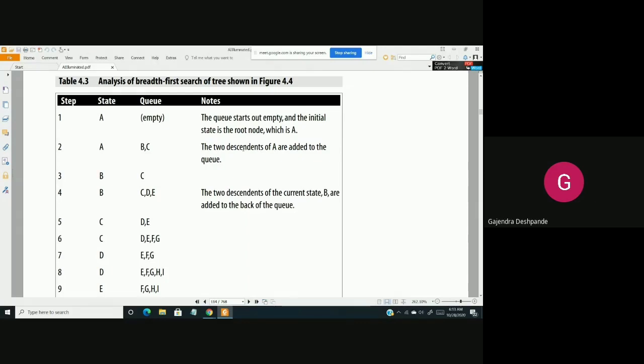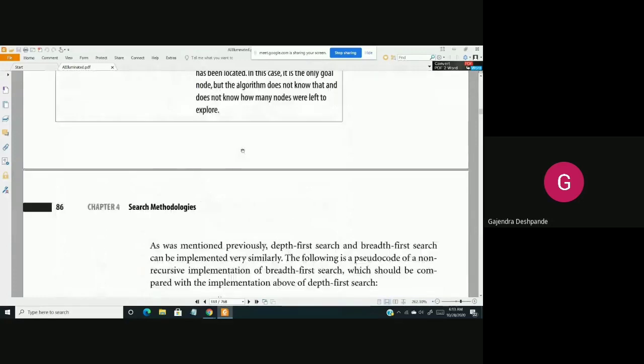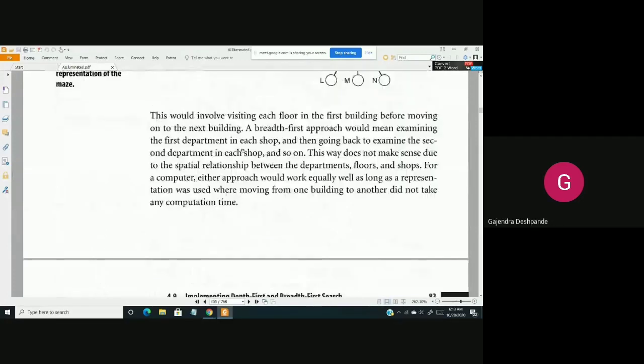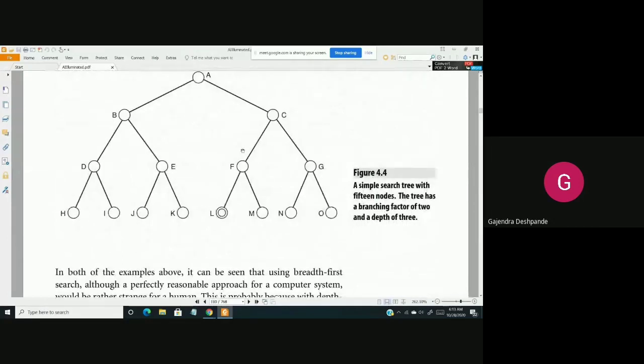So now C is your first element, so check whether C is the goal node. C is not the goal node. Now add the successors of node C. Successors of node C are F and G. Now note here that D and E are already added.